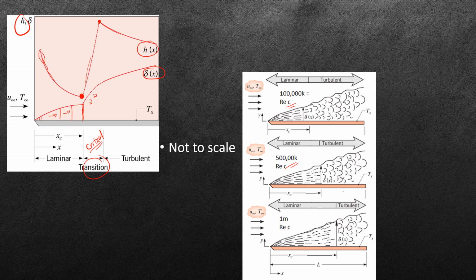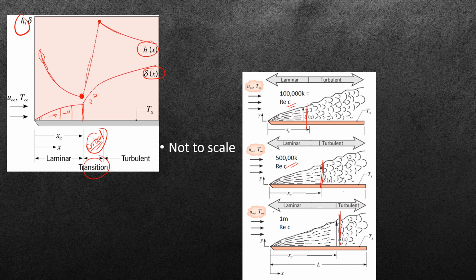Now, how does that translate to the varying critical Reynolds numbers? The varying critical Reynolds numbers move this critical region towards the right. As we can see here, our initial critical region is located around here. But if our critical Reynolds number is larger, we have to move farther across the plate.